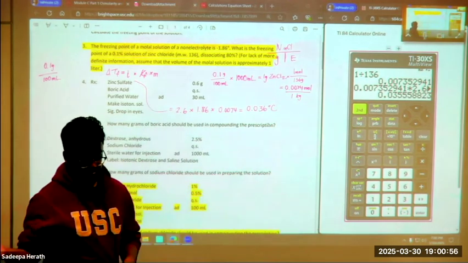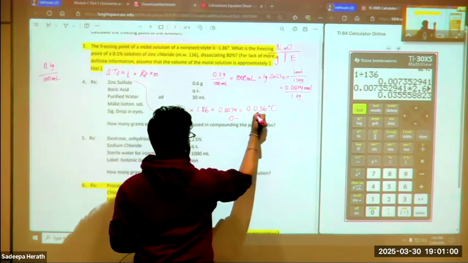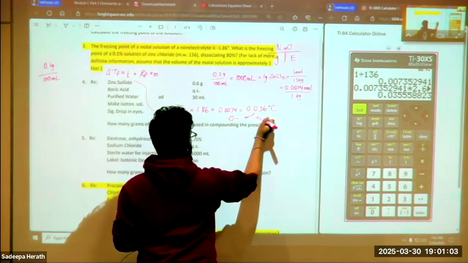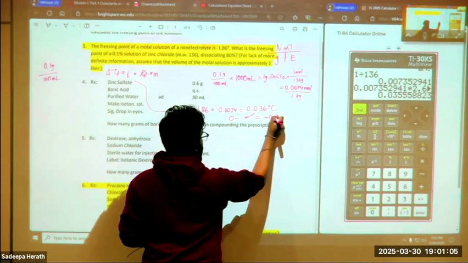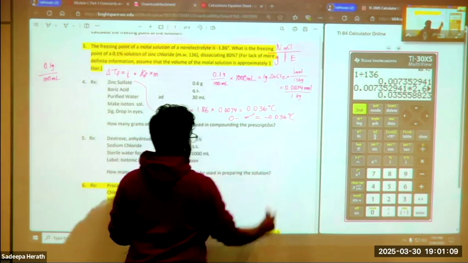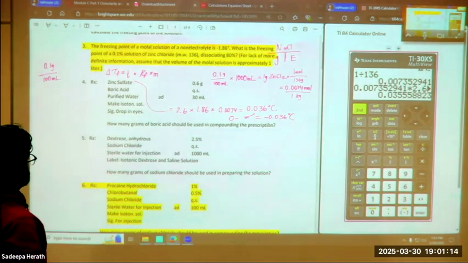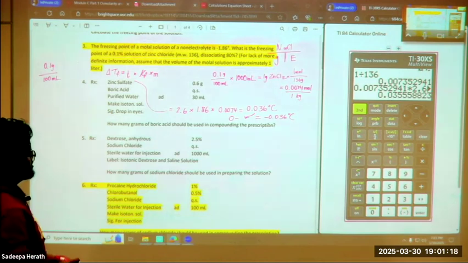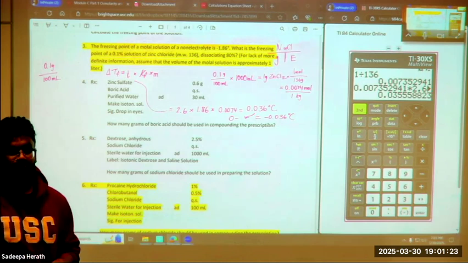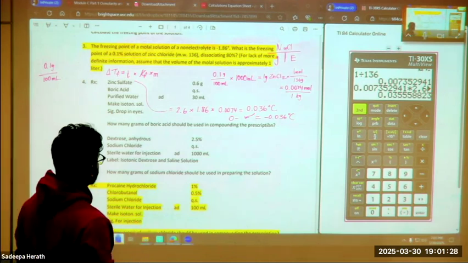They're asking for the actual freezing point, 0 minus this, getting lazy, so it's the freezing point of a solution with 0.1% zinc chloride is negative 0.036 degrees Celsius. So not too far off from the freezing point of 0. Okay, so that's how you solve that.